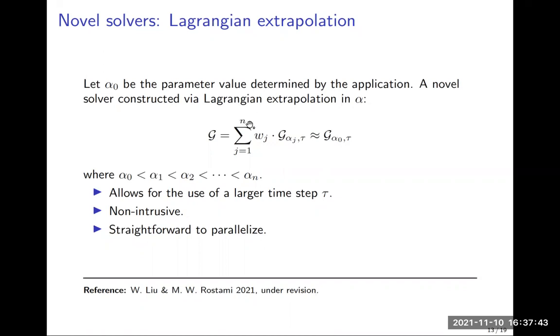Here it looks like you need to solve n times, but these solves are completely independent. So you can do them in parallel, and you just combine the solutions according to the Lagrangian polynomial. So although it looks like you're using n solvers instead of a single solver, when you use parallel computing, this is effectively just one solver. I hope that's clear. And again, the reason I want to use alpha j instead of alpha 0 is that alpha j may allow me to use a larger time step, which will make the time stepping faster.